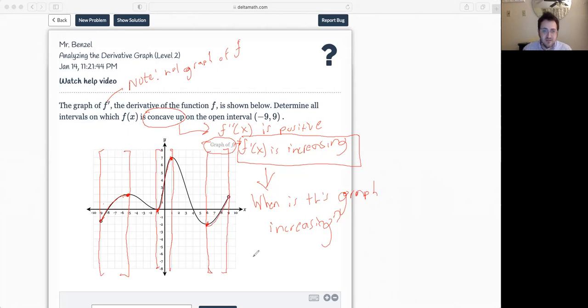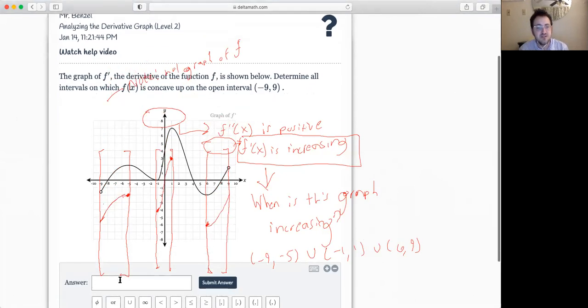So I'm just going to write the intervals. So I have -9 to -5. I have -1 to 1. And then I have 6 to 9. And I'm just going to go ahead and put those intervals in.